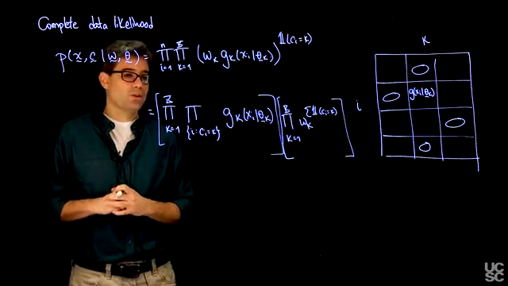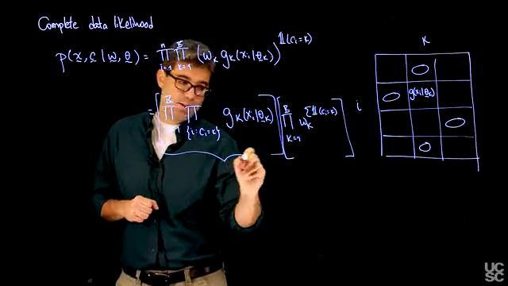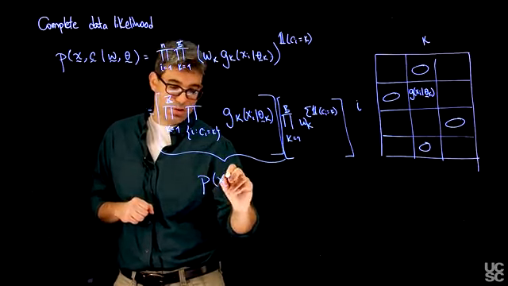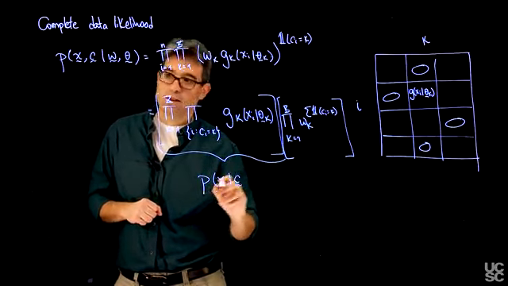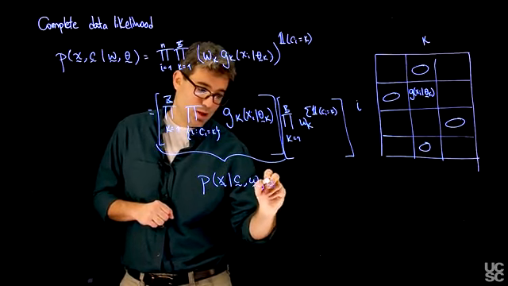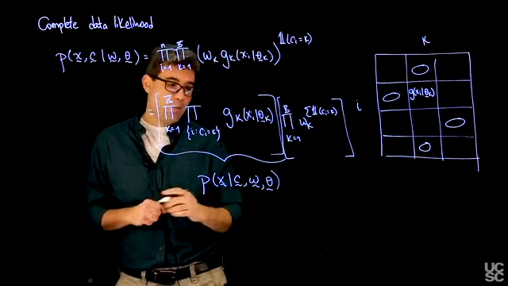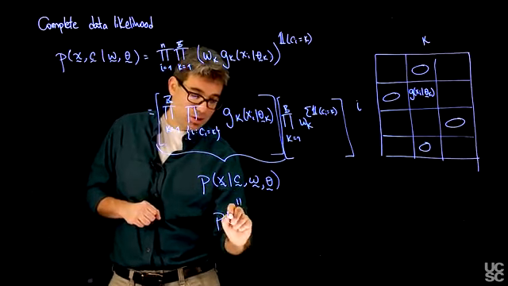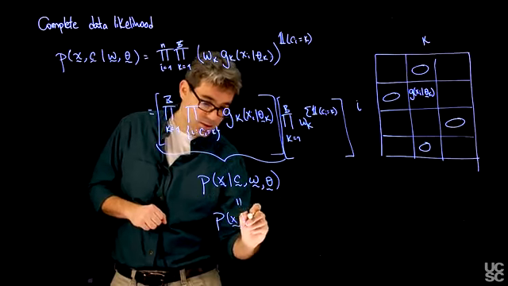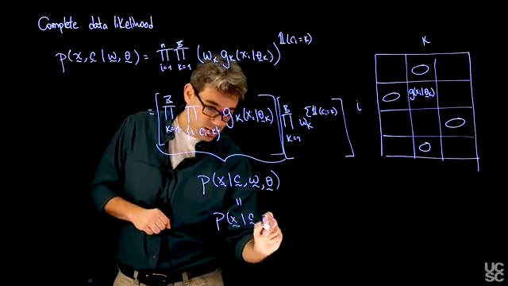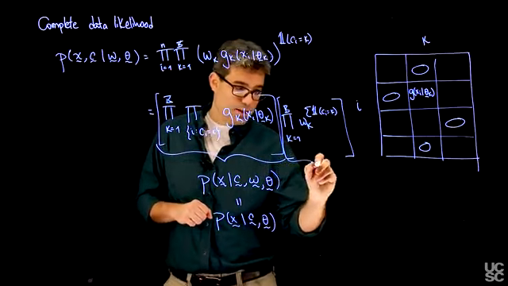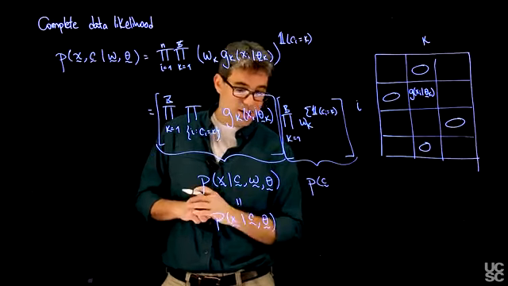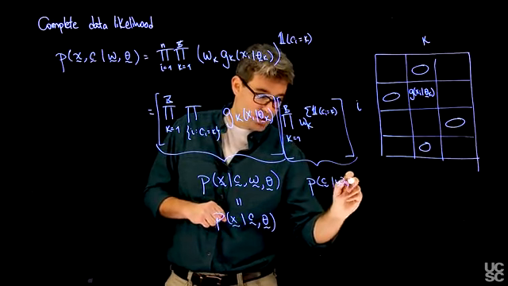Well, once I have written the expression in this way, I can essentially think about this piece as being the distribution of the observations if I knew the indicators, the omegas, and the thetas. And it so happens that this expression in particular doesn't depend on the omegas. So for this model, this is the same as p of x given c and the thetas. And this expression here, you can interpret as the distribution of the c's given the omegas and the thetas.